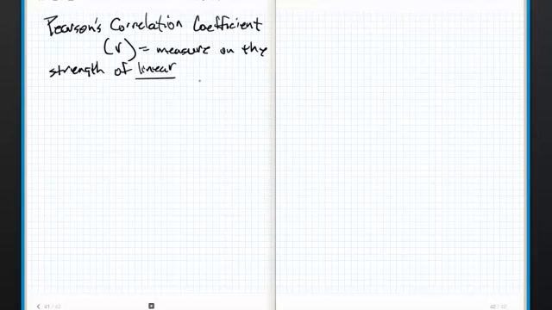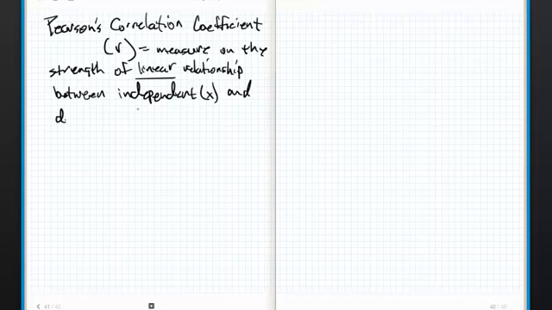You'll get into more heavy topics down the road in your future statistics courses, but for now, just think of it as the linear relationship between variables, between independent, which is the x, and dependent. Sometimes you'll hear these referred to as predictor variables, dependent, which is the y variables.